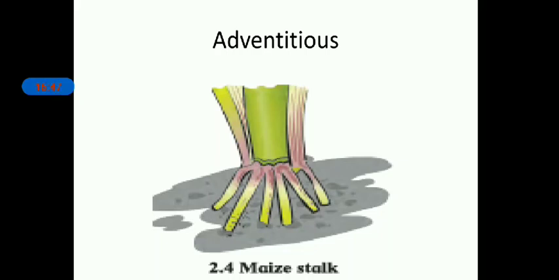This is called adventitious roots. This also performs the function of anchoring, supporting the plants and providing minerals and water to it. Plants like maize, sugarcane, sorghum have this adventitious roots.